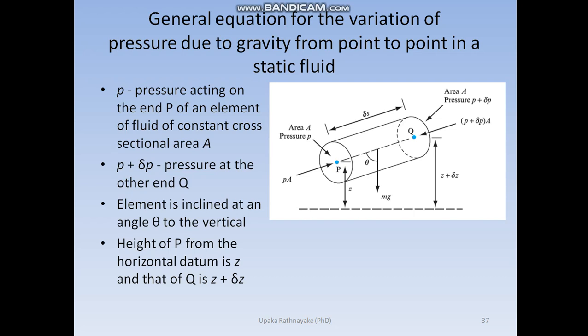We are not worrying about the forces acting on the curved surface of the cylinder. Why? They are going to cancel each other. So we'll consider the force balance along the inclined plane.